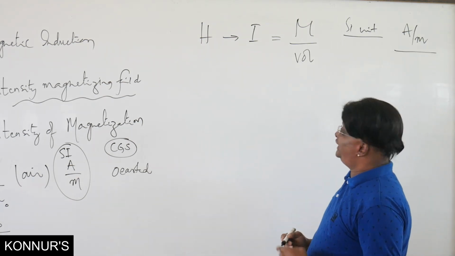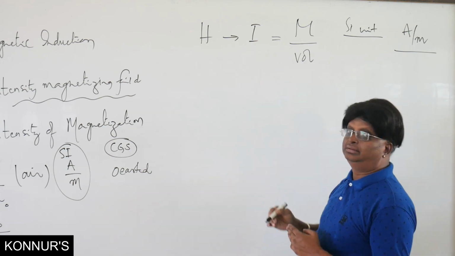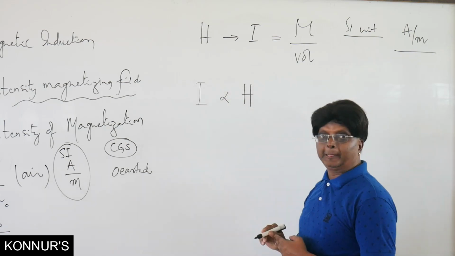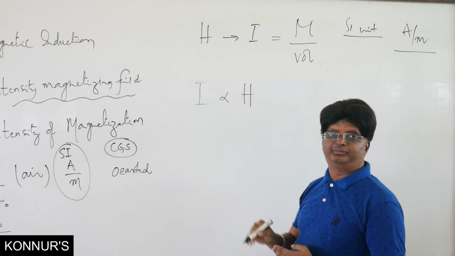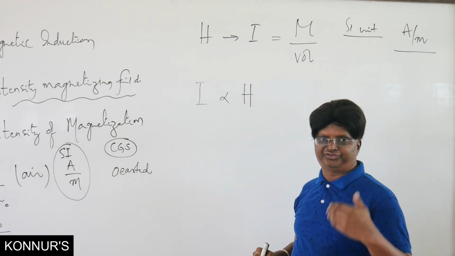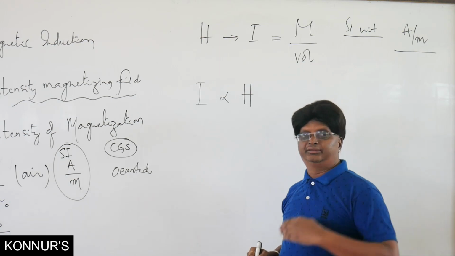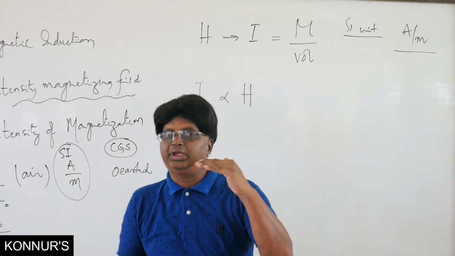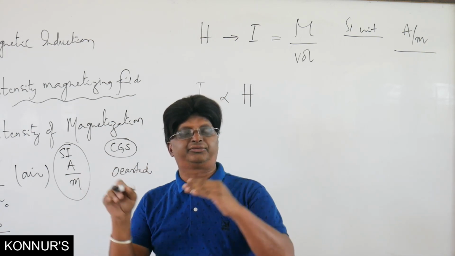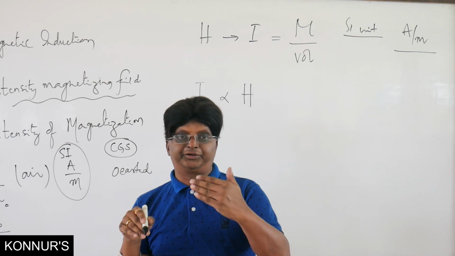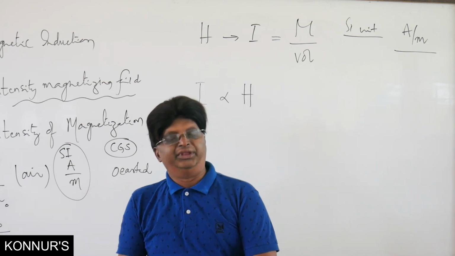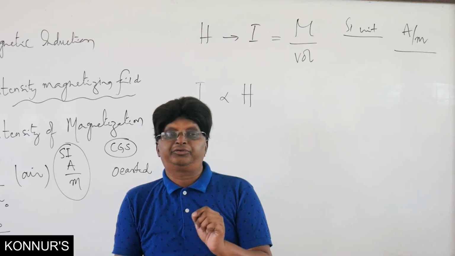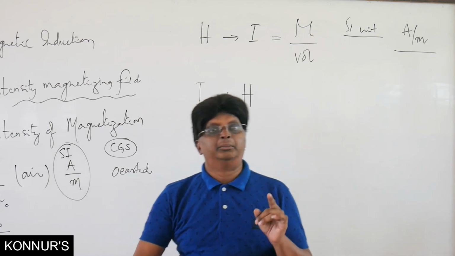Let us remember two things about I. I is always proportional to H. To have more and more intensity of magnetization, we need to increase the value of H. H increases, I also increases, up to a maximum value only, where the orientation of all the dipole moments of the individual atoms is finished, beyond which magnetization is not possible. That is referred to as saturation magnetism.